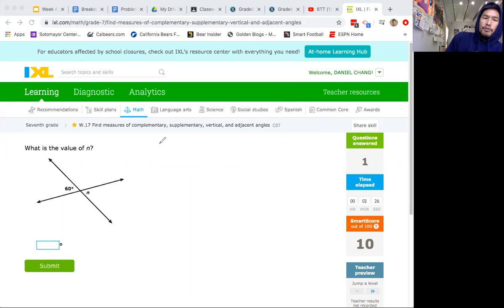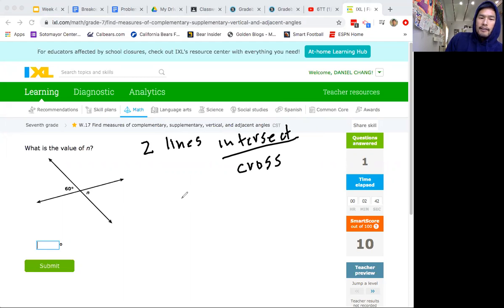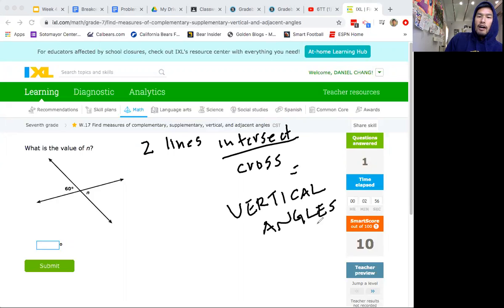So when you see two lines intersect each other, that means they cross each other. And when two lines intersect or cross, you create vertical angles. What you need to know about vertical angles are a couple of things.